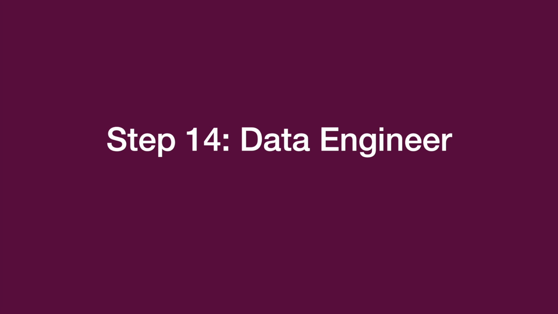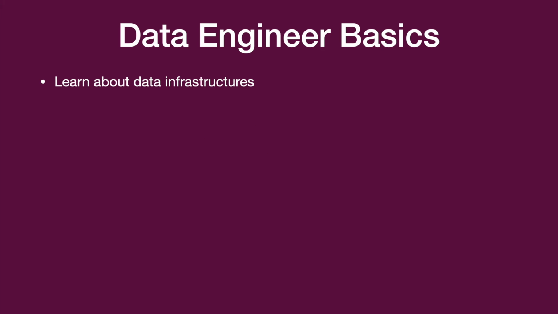All right, so with step 13 done, step 14 is going to be more data focused. So let's take a look at what you might call a data engineer, but any backend engineer should know about these more data specific concepts. So the first one is learn about data infrastructures. At a company, data is usually one of the most important things.